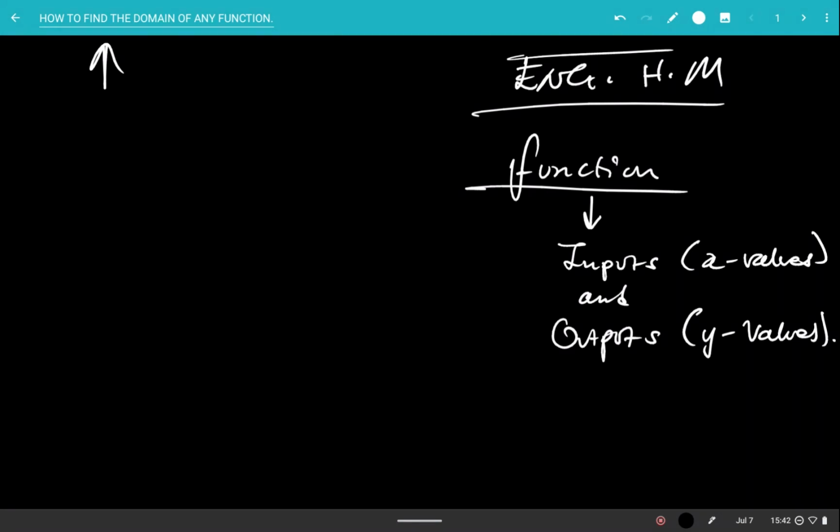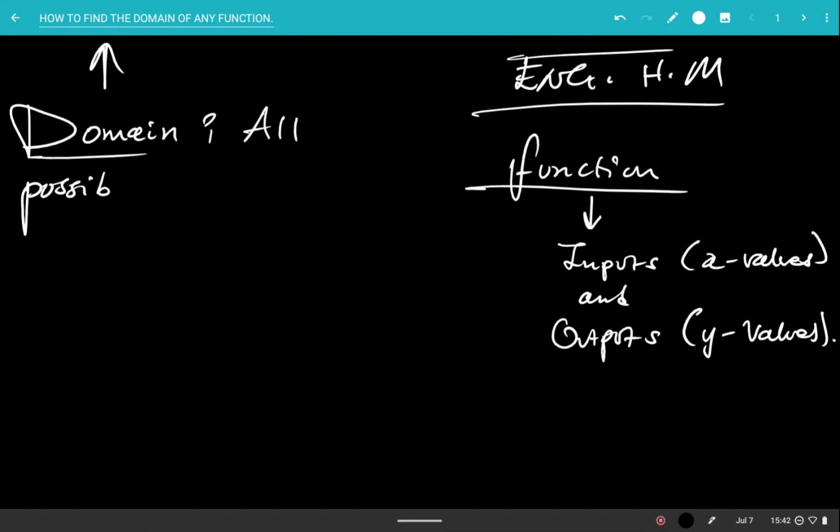Now, once you understand this, you need to also understand that if you look at the term domain, the domain is simply defined as all possible x values. When you say all possible x values, we're talking about all possible input values.